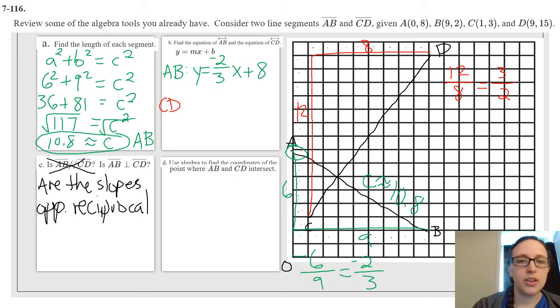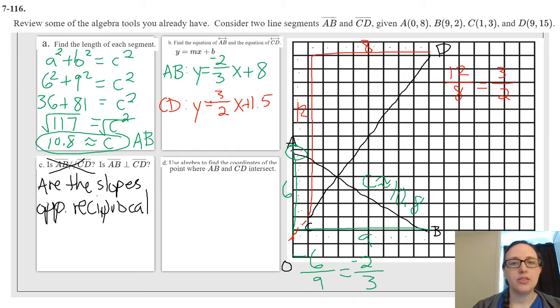So the equation to start off is y equals 3 over 2 x. And then we have to figure out where our y-intercept is. Since that is not the most important piece of information for proving quadrilaterals, I'm just going to estimate that it's at about 1.5.